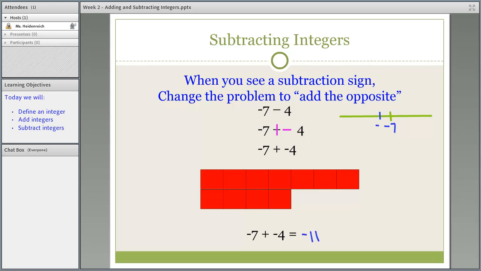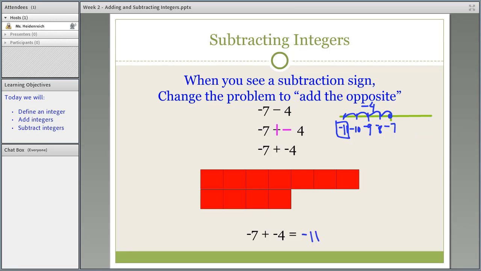So we would go negative 8, negative 9, negative 10, negative 11. So basically start at negative 7 and then count 4 to the left, and that's where the answer is. So that's another way to do it. Negative 7 minus 4 puts us at negative 11.